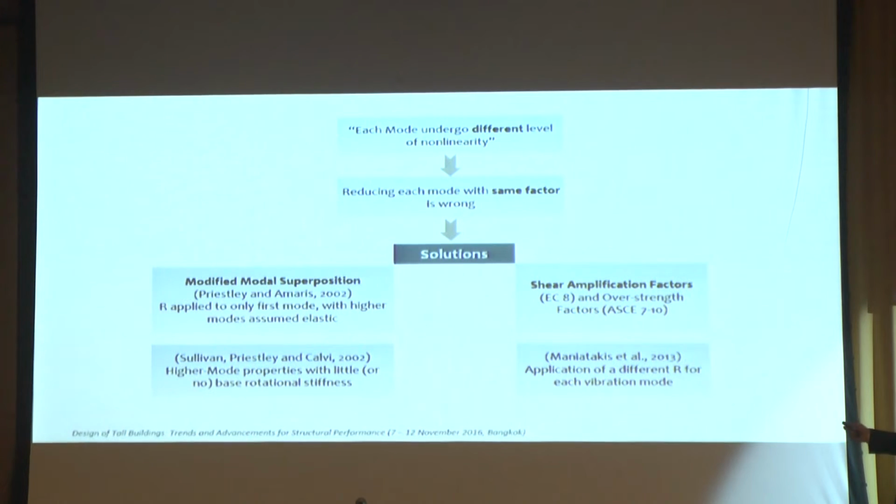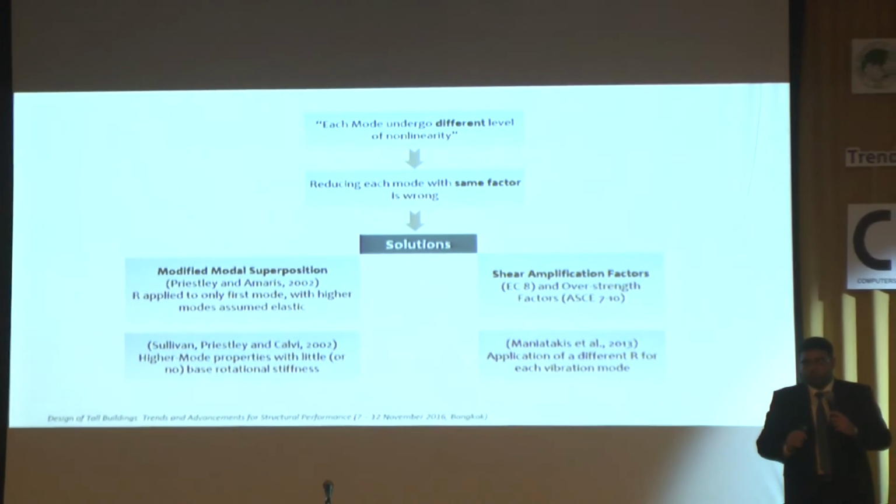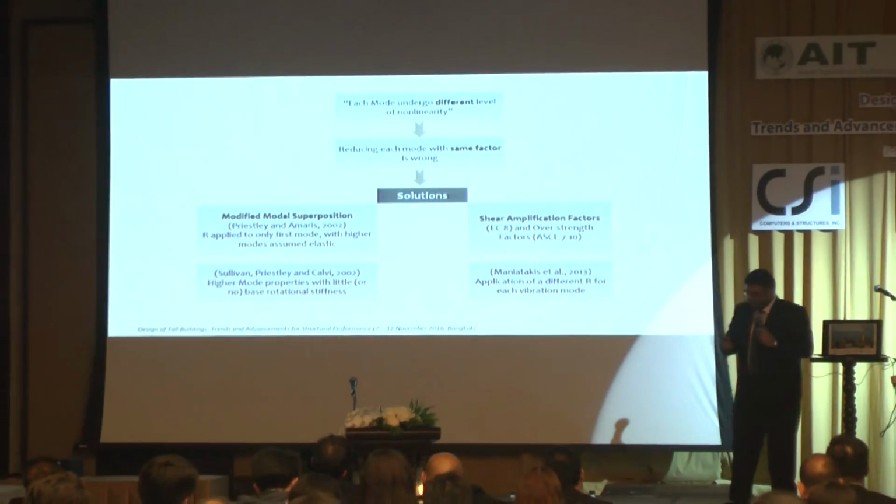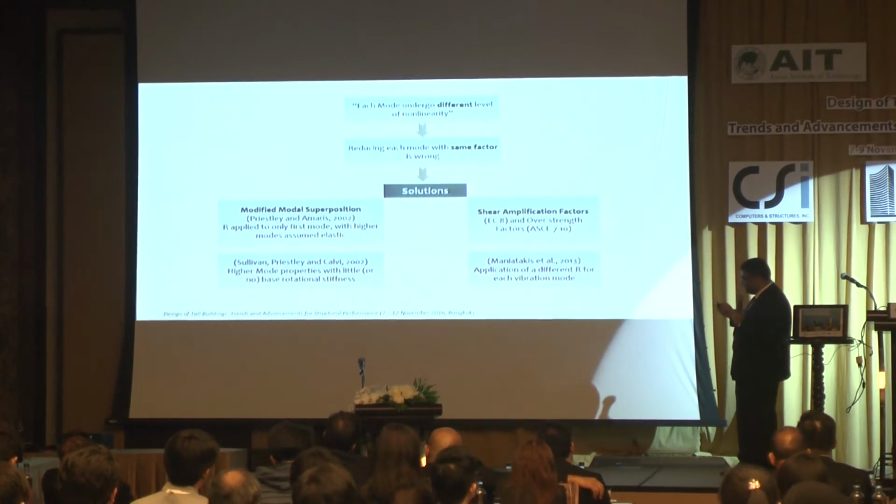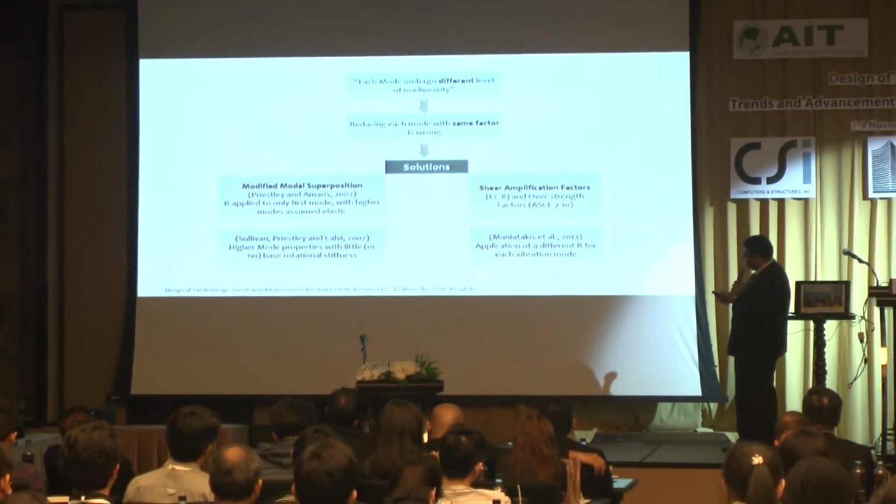But to get the response modification factor for each mode, you again have to do pushover, and for that pushover you again have to make a nonlinear model. So if you have a nonlinear model, why don't you do time history then? Another approach, again from the same group, Priestley and his colleagues, is that you can modify the modal properties of higher modes to account for the difference in their behavior from the first mode.